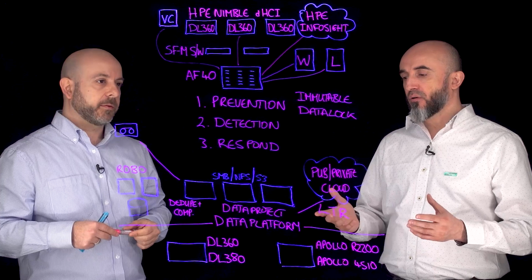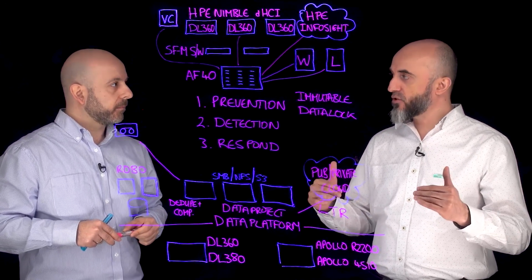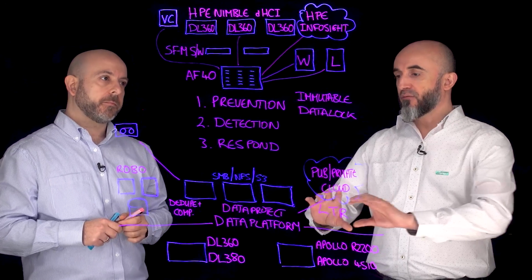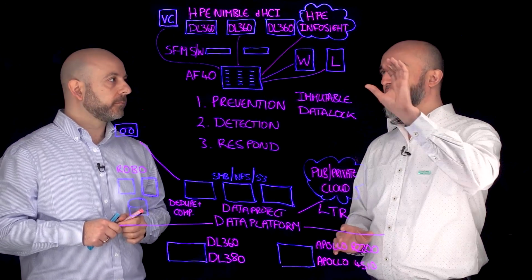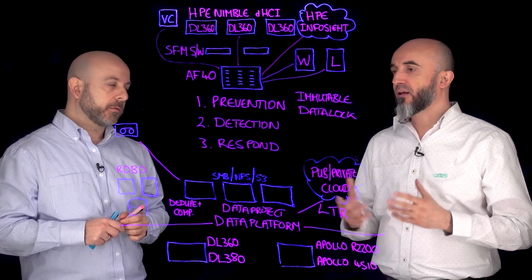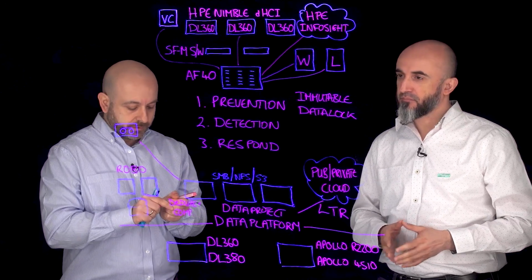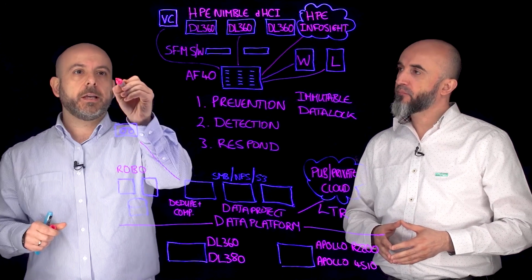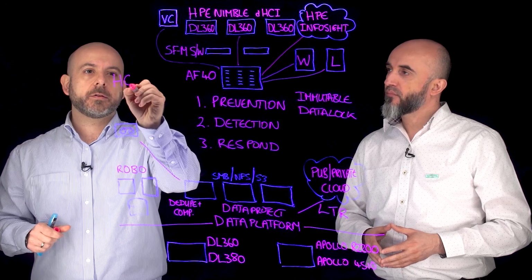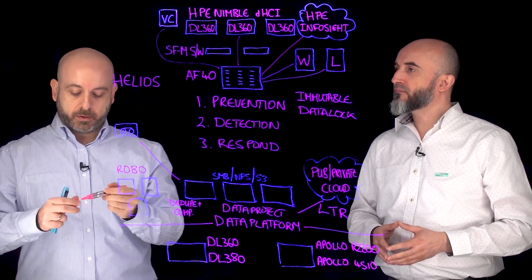Exactly. Let's run another scenario where a malware does come into the environment, but instead of looking for the backup, it's actually infected the production machines, or virtual machines that are running. What can we do to help with that? Sure. This is where I need to talk about Helios. Helios is Cohesity's cloud-based management platform.